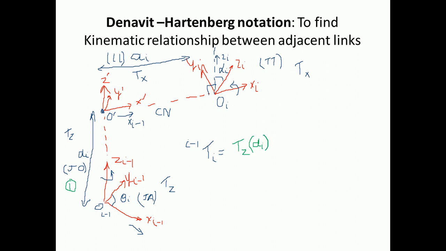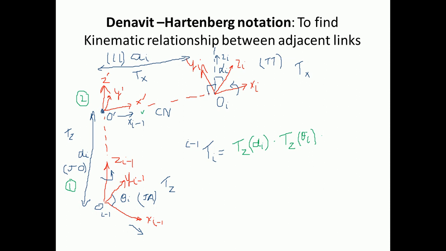Okay, now the next step which we have done over here is we do rotation about z axis, z i minus 1 axis, so that this i minus 1 axis is going to be parallel with this common normal. Okay, so the homogeneous transformation is represented by this letter, and the parameter is represented by theta i, which is called as joint angle.